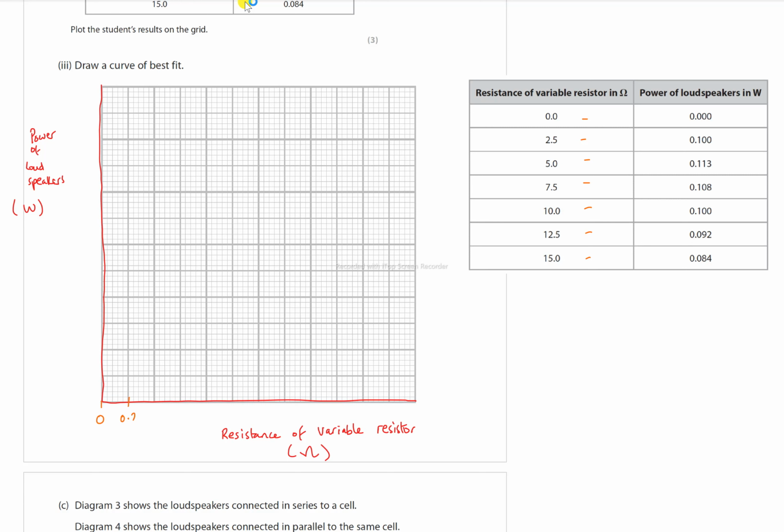0, 2.5, 5.0, 7.5, 10, 12.5, and 15. Okay, that's fine.